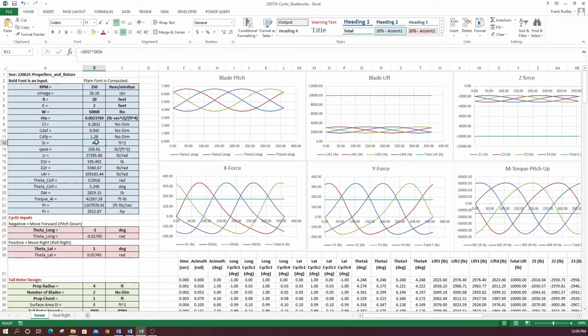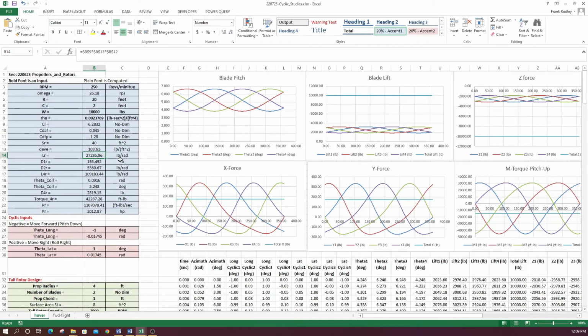This is our surface area for the rotor, which is just the radius times the chord. This is our average dynamic pressure for the blade. We went through that equation previously. And this over here represents the lift of the rotor as a function of its pitch.